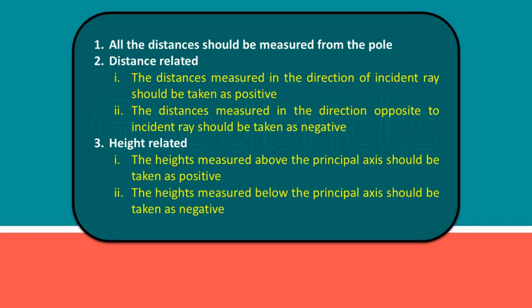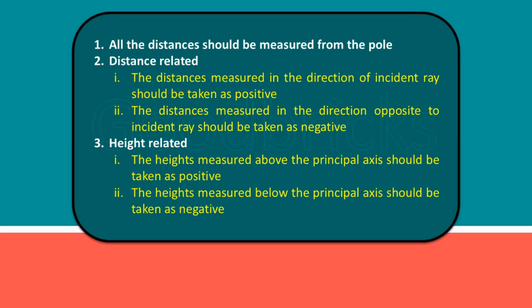The distance which is measured in the direction of the incident ray should be taken as positive. That is the first point in the second rule. Second point, the distances which are measured opposite to the direction of the incident ray should be taken as negative. So finally, your second sign convention rule is related to distance.